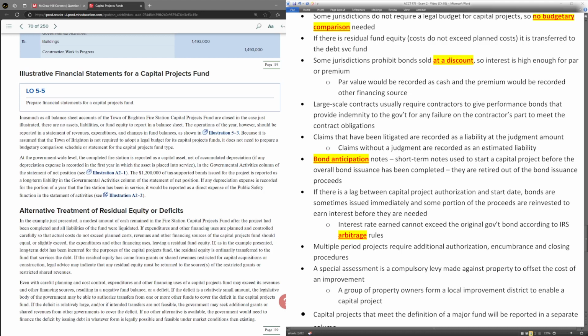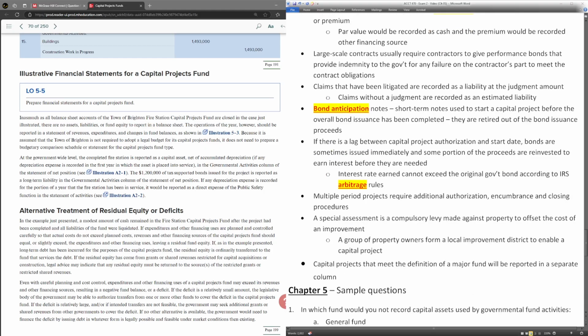In other words, there may be things you want to get started on right away before the whole bond has been issued. So you might issue some short-term notes that get a little bit of cash in early, but once the bond comes in, part of the bond is used to then retire the bond anticipation note. So it's sort of like a quick start type of funding to get some things rolling before the bond money comes in.